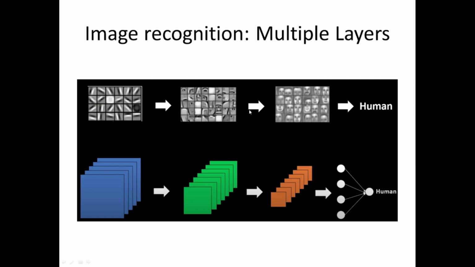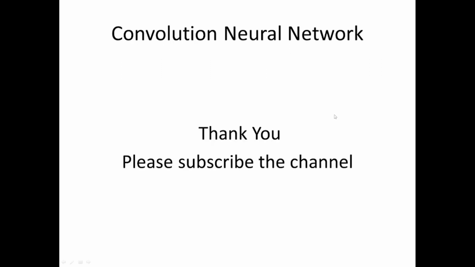This output can be fed to the next layer to classify whether it is human or which human it is. So I hope the concept of CNN is clear to everybody.